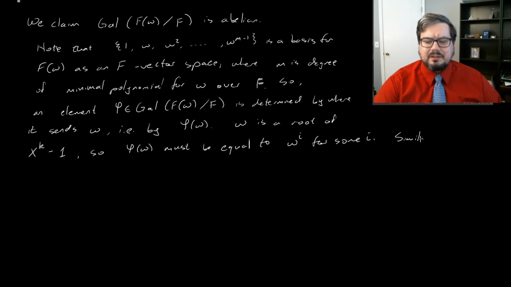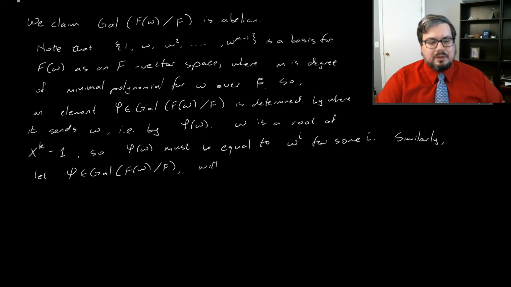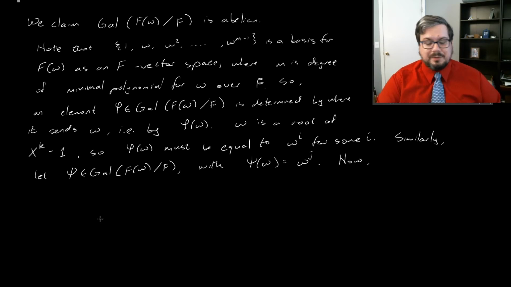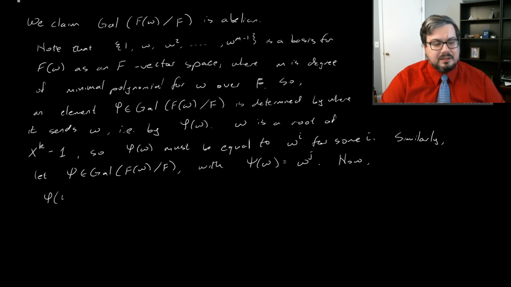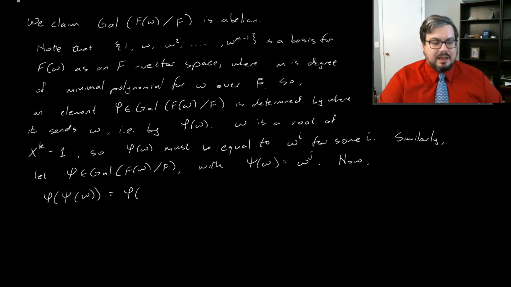Now, similarly, we can let psi be another element of the Galois group of F(omega) over F, with psi of omega equaling omega to the j. Now we have the following. If we have phi of psi, this element of the Galois group is also going to be determined entirely by where it sends omega. Now, psi of omega is omega to the j.